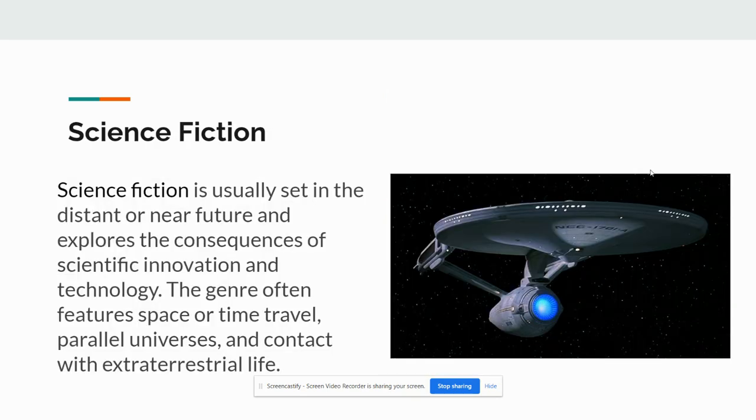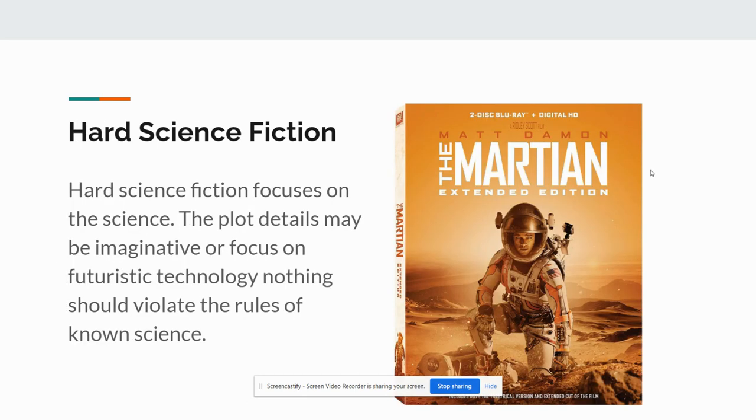Science fiction. Science fiction, again, has two sorts of elements to it. We think about Star Trek, we think about movies like that or series like that. However, there are two kinds. And this one I want to emphasize a little bit more than the other is the idea of hard science fiction.